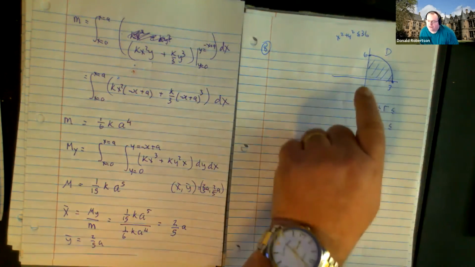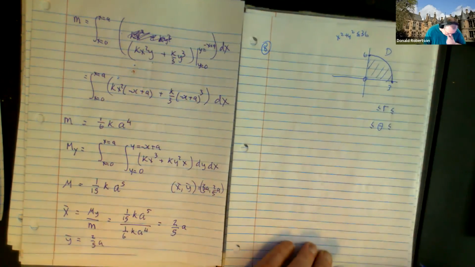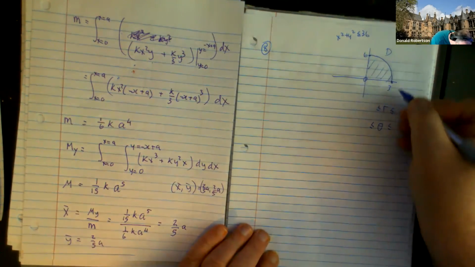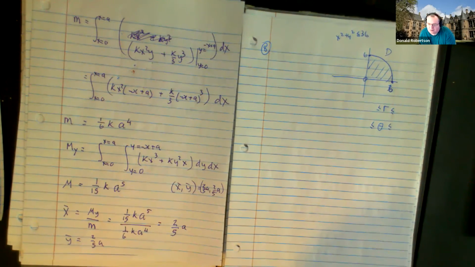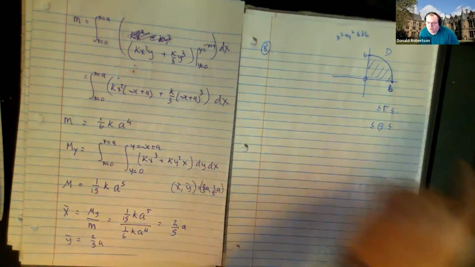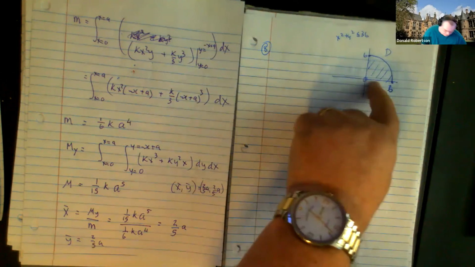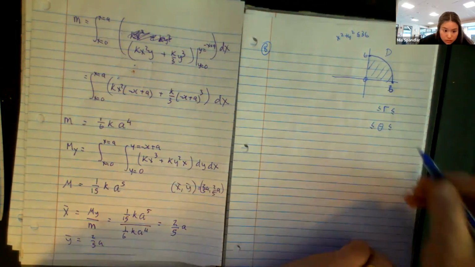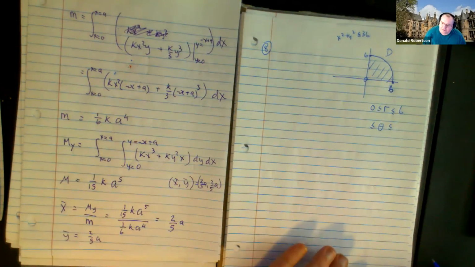Based on this quarter circle, what would the range in r be? How would you describe this in terms of the range of r values? 0 to 6. Agreed. And again, how would you describe it in terms of the range of thetas?